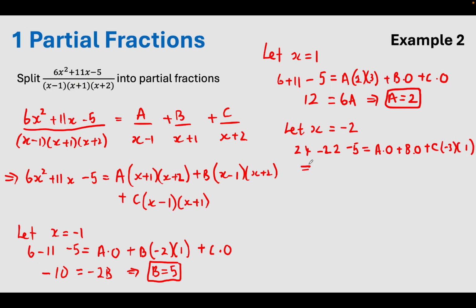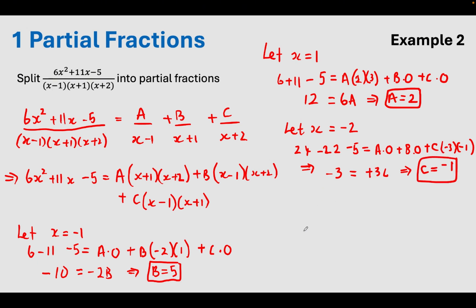So what I get here is 24 minus 27, which is minus 3, equals negative 3c as well. Therefore, c is just... Oh, sorry. This should be negative 1. So c, that's plus c, so c is negative 1.